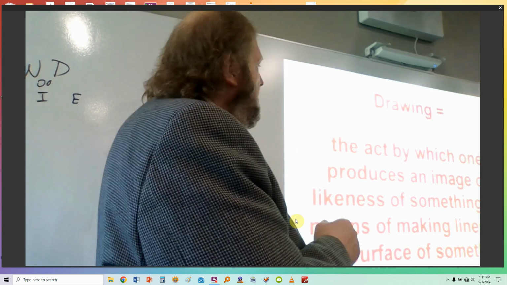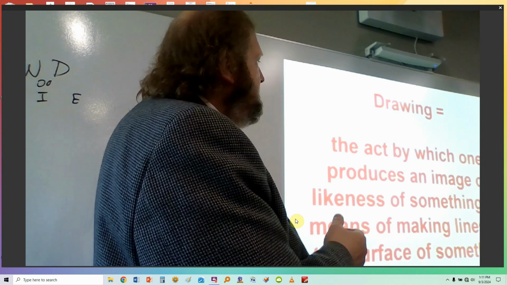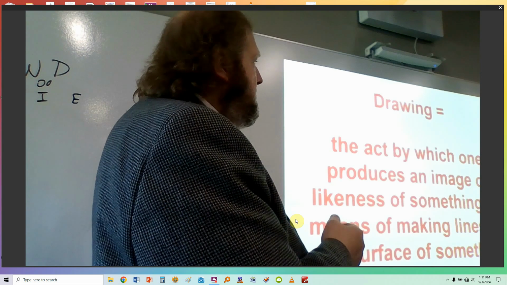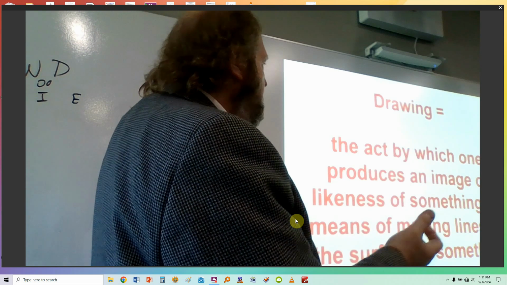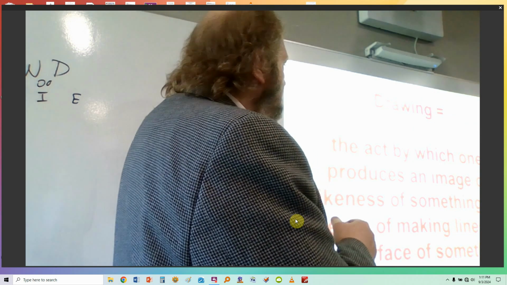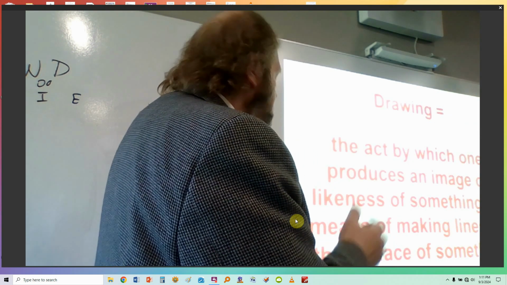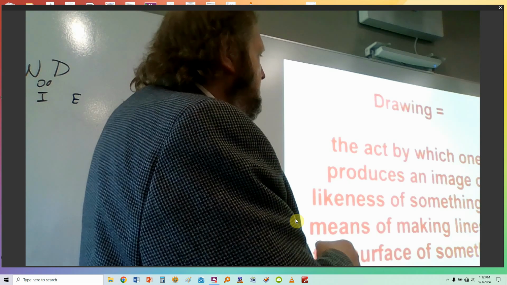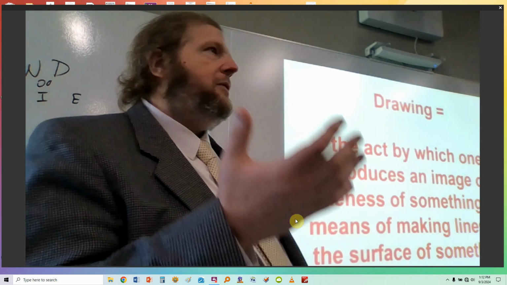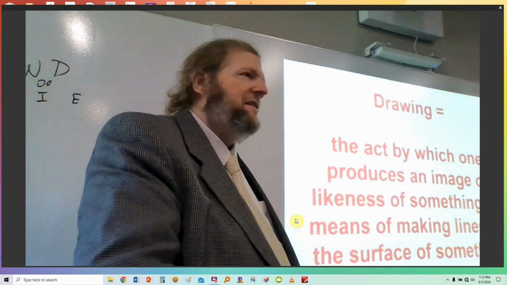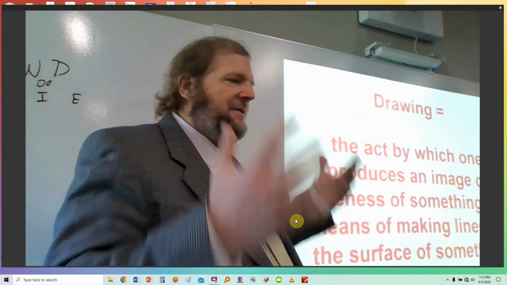And it's a likeness. It's meant to be the likeness of something else, either exactly the likeness or as close as you can get, or it could be more abstract. But it's still supposed to be like something. And you're making lines because that's the basic geometry of anything. Lines, points which add up to a line. I mean, what else?